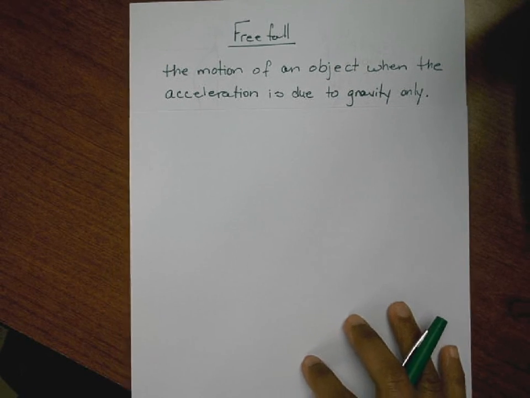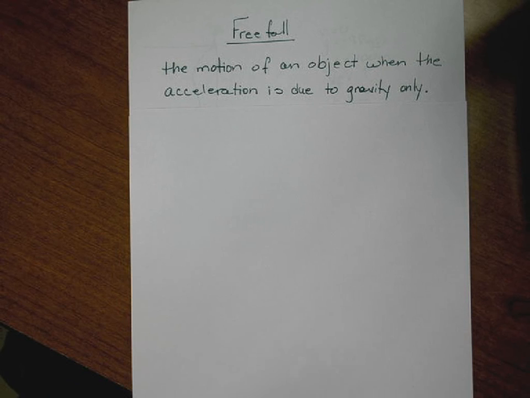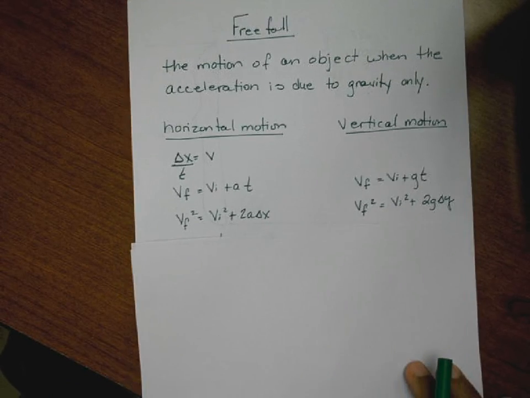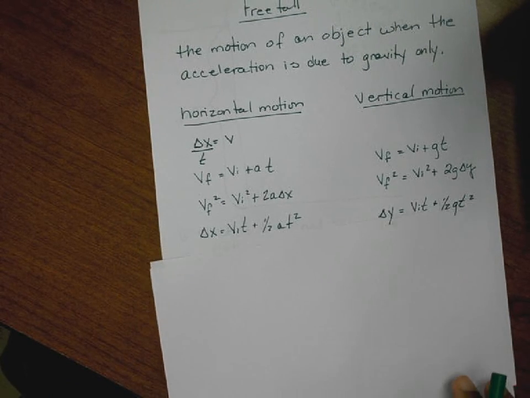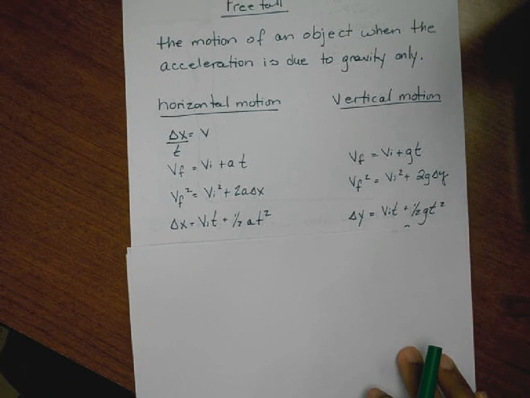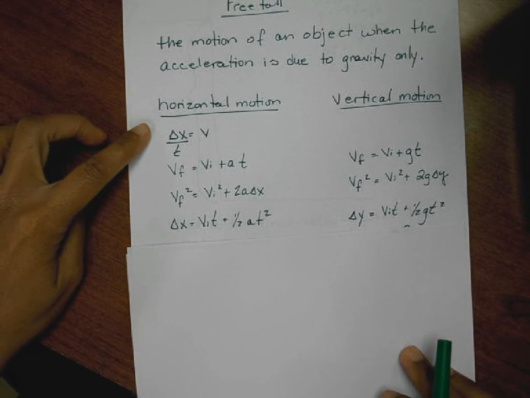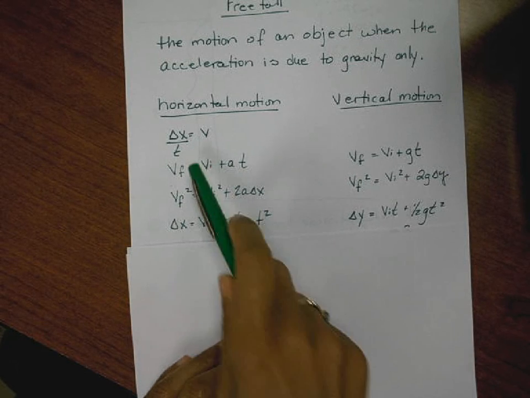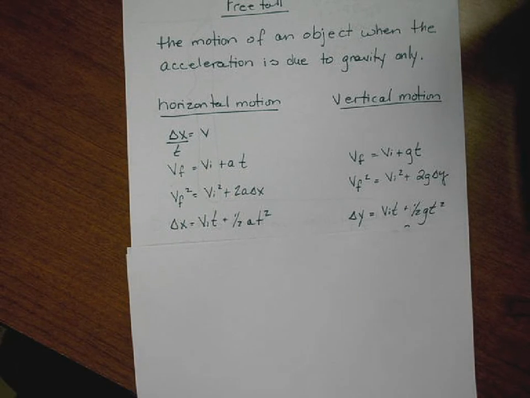So what I'm going to do first is show you the transition from the horizontal motion equations to the vertical motion equations. And here they are. If you notice, there is an equation on horizontal motion that doesn't exist in vertical, and that's this one right here, the average velocity equation, because when a ball or an object is in free fall, it is always experiencing some change in the velocity.